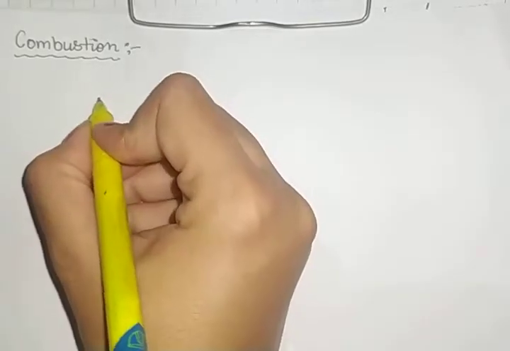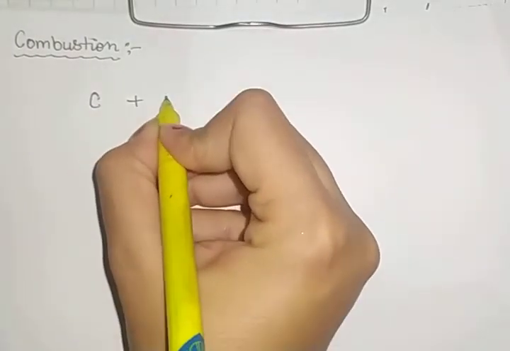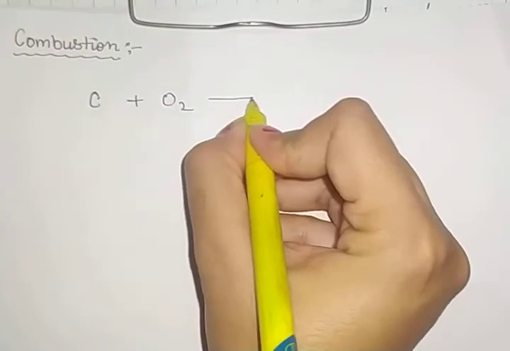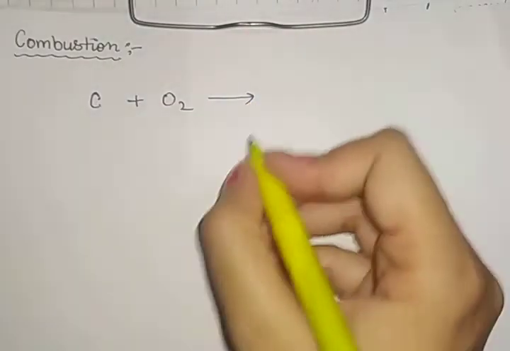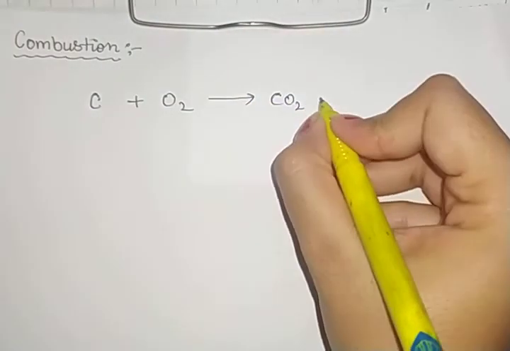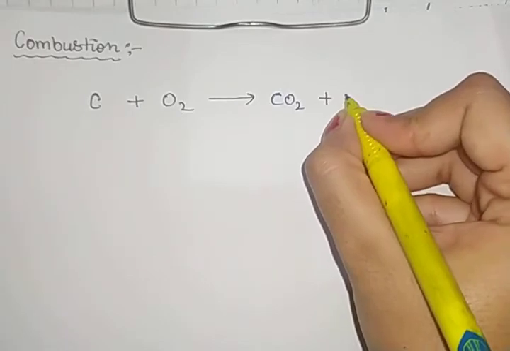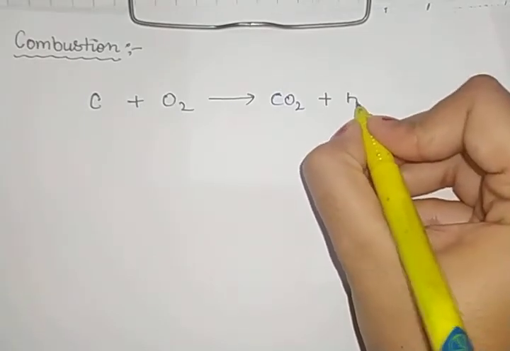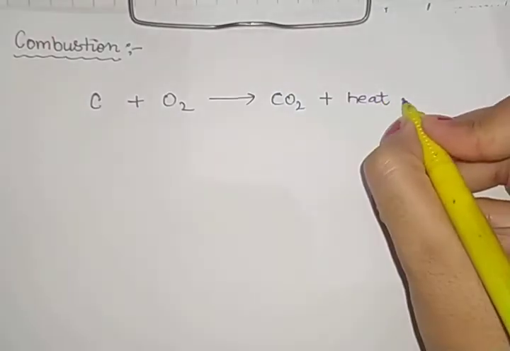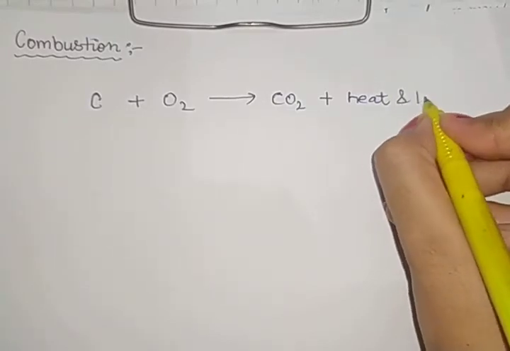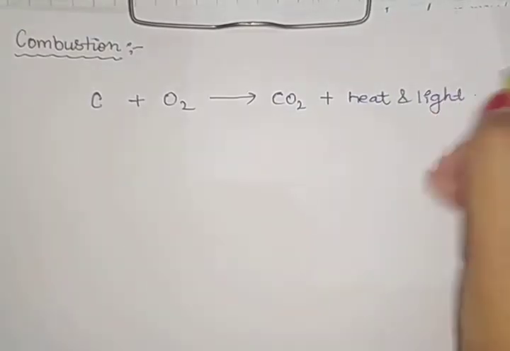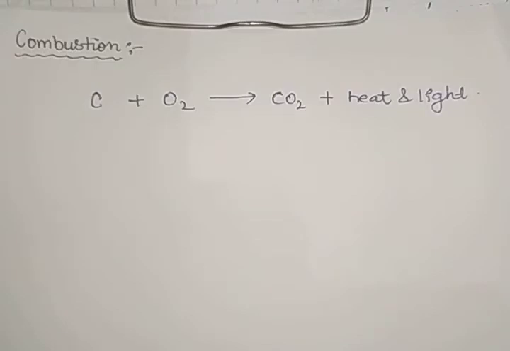If we have carbon, it burns in the presence of oxygen and gives carbon dioxide, plus some amount of heat and light is also produced. Clear? When carbon is burned, it produces CO2, heat and light. Remember that point. This is the reaction which we already discussed in the first chapter.